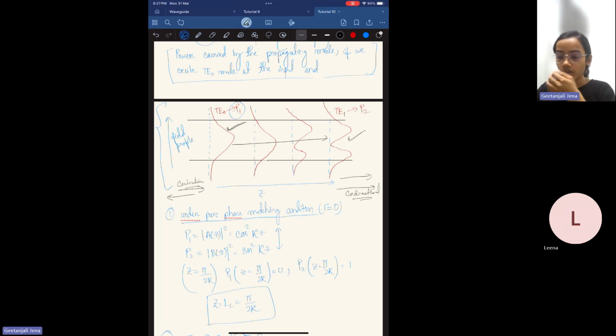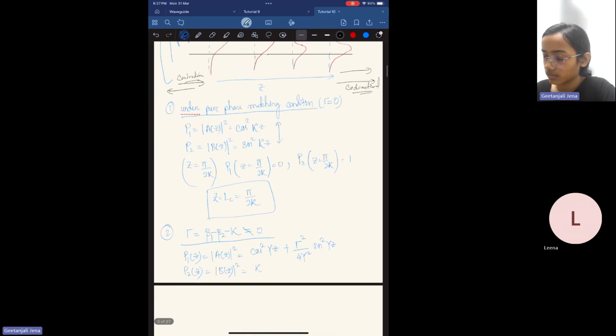The power expression for contradirectional coupling is different from co-directional coupling. That is why I have written down the expressions for power coupling, so that if you know the powers, we can easily find the distance at which the coupling will take place.